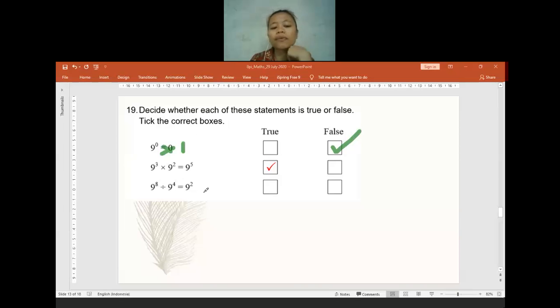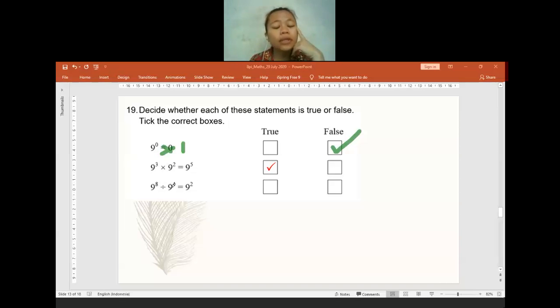Can you tell me the correct answer for 9 to the power of 8 divided by 9 to the power of 4? Because I said this is false, can you tell me what the correct answer is for this calculation? Anyone knows? Yeah.